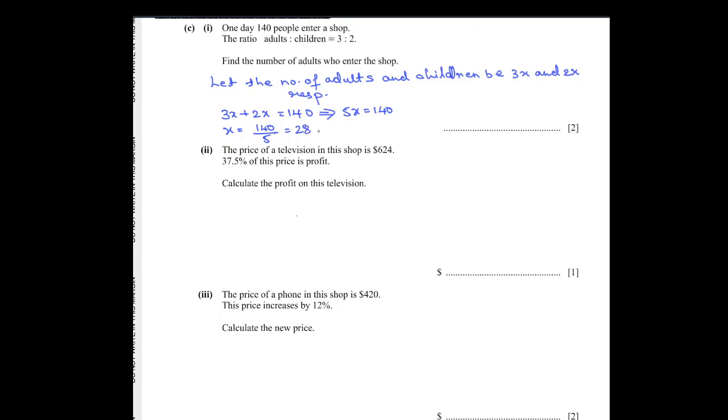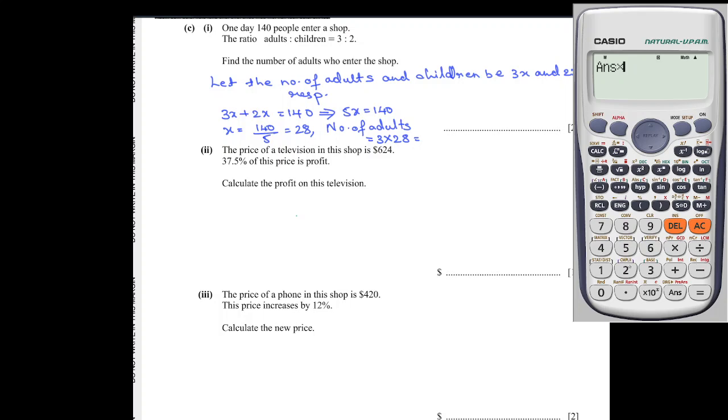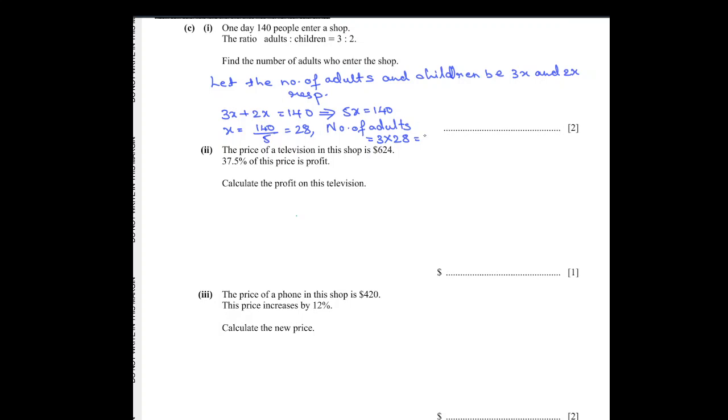So number of adults will be 3 into 28, which is 84. So this is the answer.